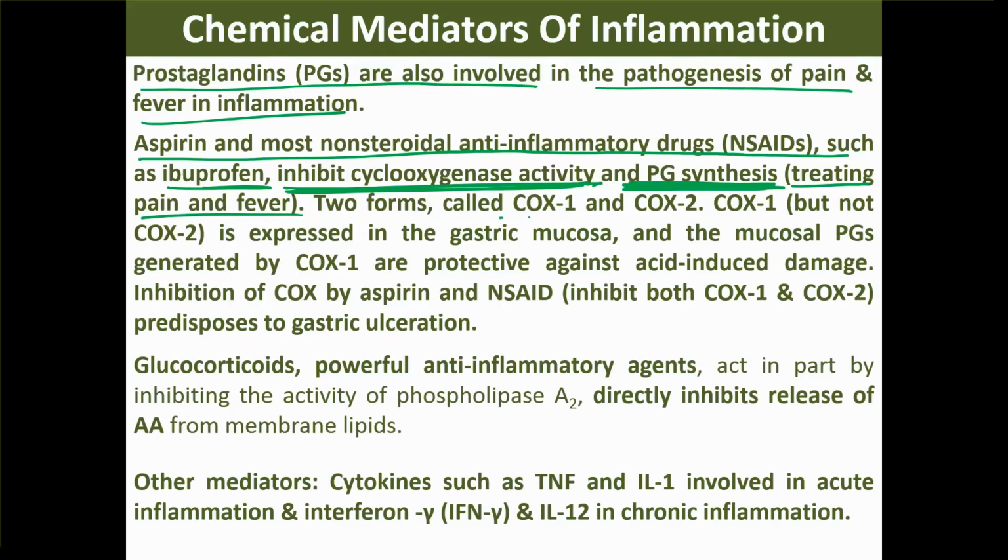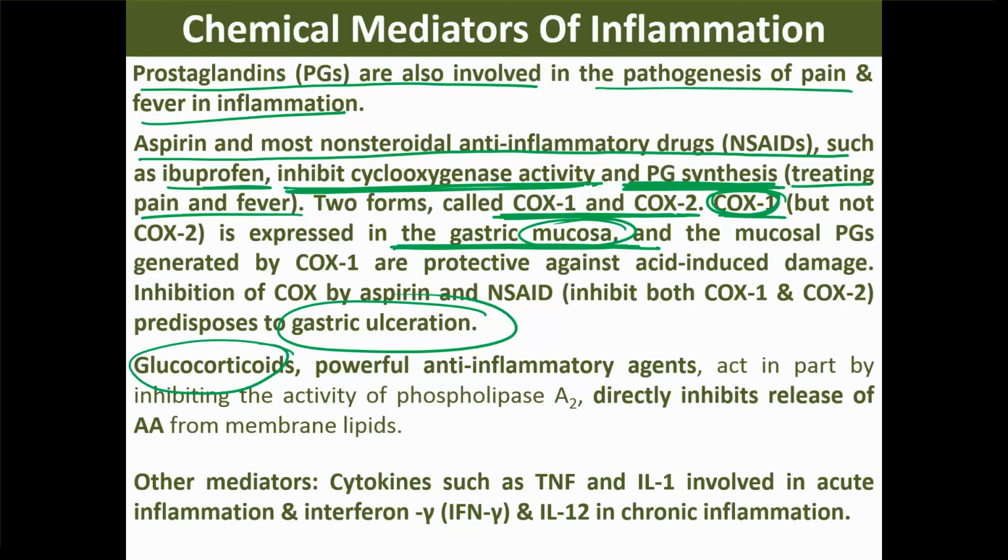There are two forms of cyclooxygenase, 1 and 2. Cyclooxygenase 1 is expressed in the gastric mucosa, as I explained, and that will produce mucus. So cyclooxygenase is needed for mucus protection. If you block the cyclooxygenase, it will end up with gastric ulceration.